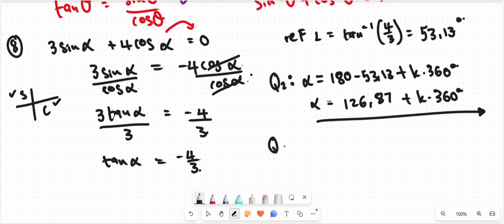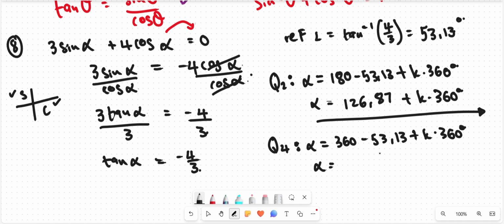In quadrant number 4, alpha is equal to 360 minus 53.13 plus K 360, and this gives me 306.87 plus K 360.